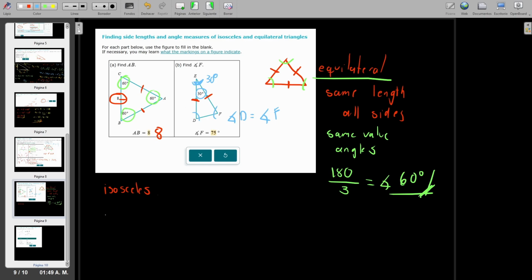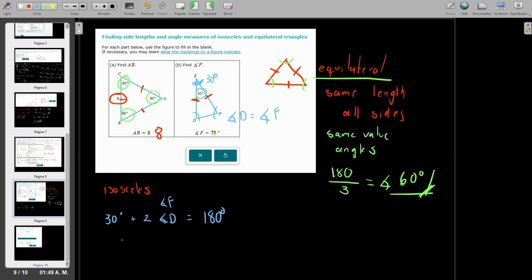The value of 30 degrees plus 2 times the value of D, or 2 times the value of F, is going to be 180 degrees. So we only need to be solving this.